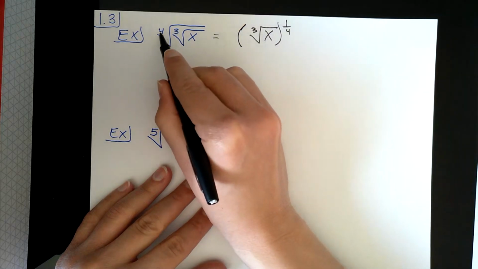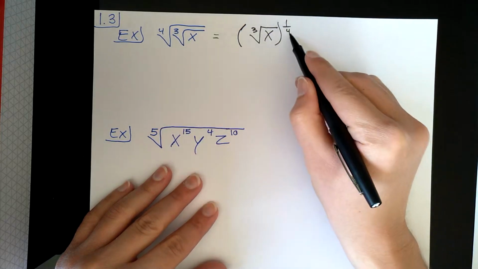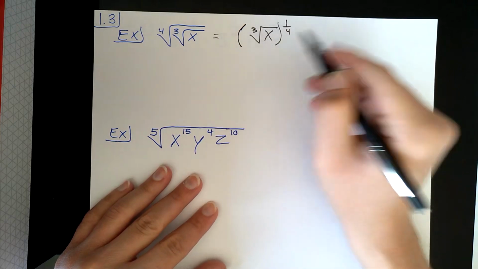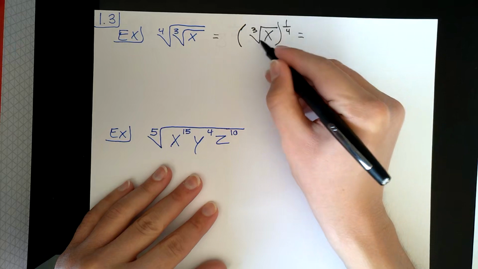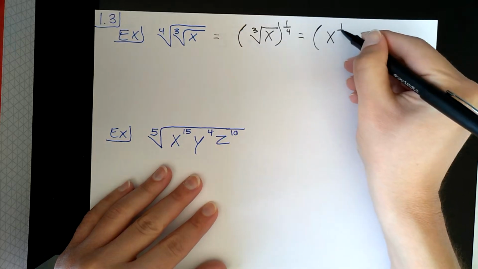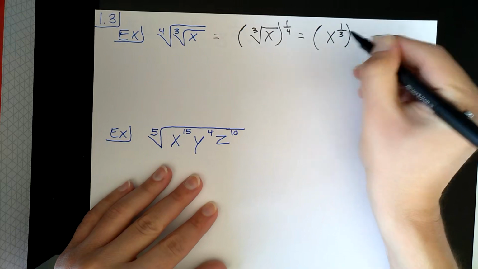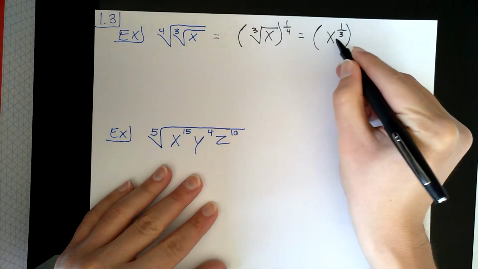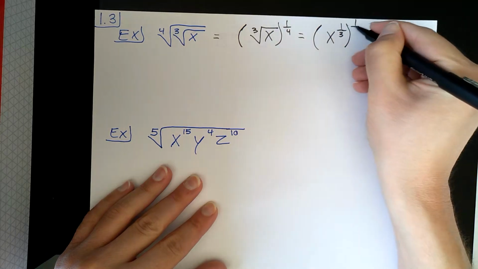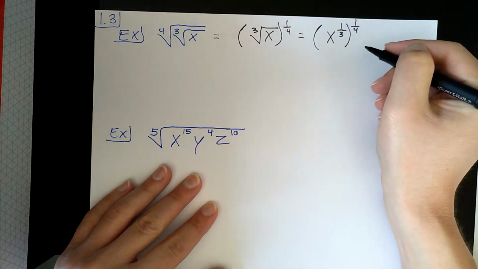Remember, this value will always represent the denominator of your exponent. And now we can do the same thing again. The cube root represents the 1/3 power. So we have x to the 1/3 power now being raised to the 1/4 power.